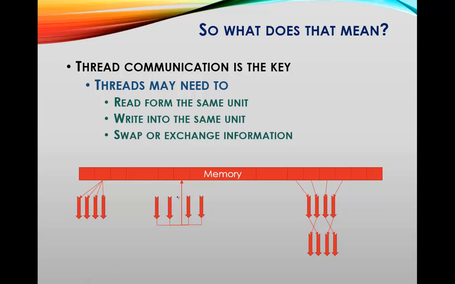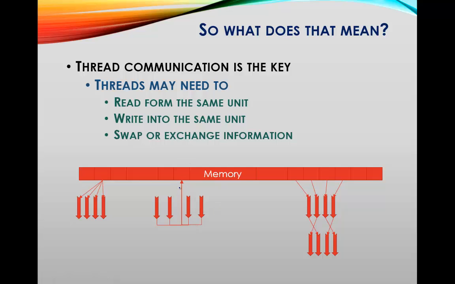The second case is when your threads may need to write into the same unit of memory. There are two problems here that we need to be aware of. The first problem is the same as reading from the same unit of memory: when a thread is trying to write into a memory unit, the contention is actually very, very small compared to the lifetime and execution of the thread itself. It would happen over a couple of clock cycles.